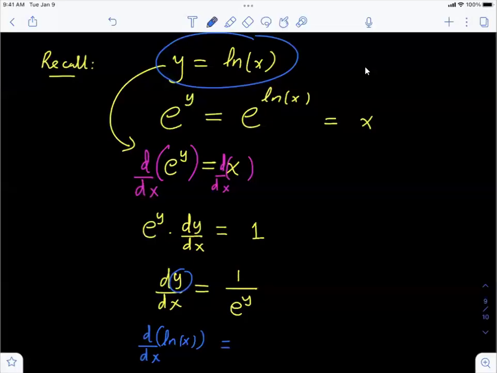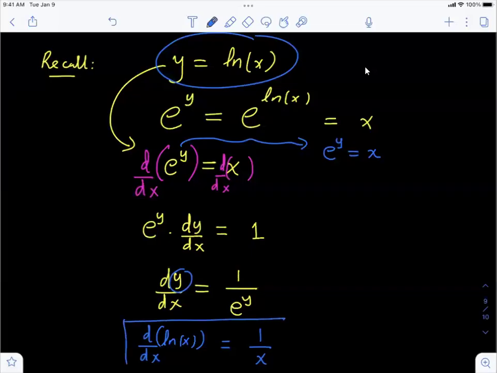And then e to the y is none other than, right here, actually, before taking this derivative, I should have saved that statement. e to the y is none other than just x. That's what you see here also, right? e to the y equals x. So e to the y is none other than just x. So 1 over x.